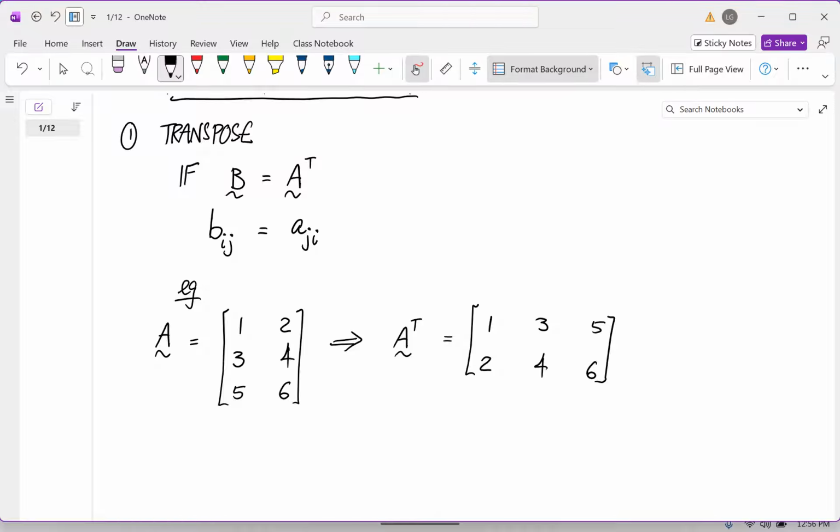So this 3 in the matrix A is the element in the second row, first column. So that's the element 2, 1. And the 3 over here in the transpose matrix is the element 1, 2. It's in the first row and the second column. You're switching what's the row and what's the column.